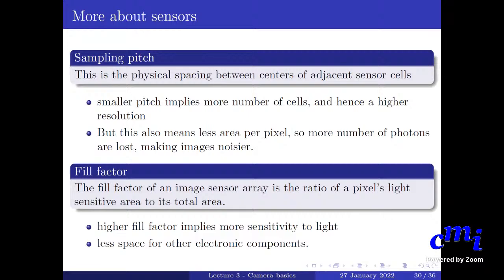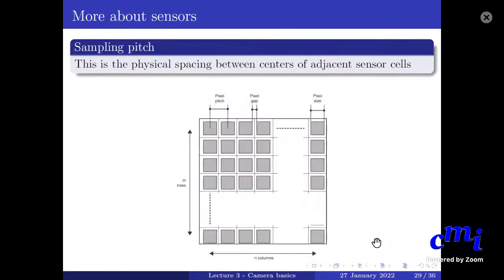So what it means is that here, only the light that is falling on the cell is going to be captured, right? The light that falls in this gap is going to be lost. So photons captured means the light that falls on this cell.